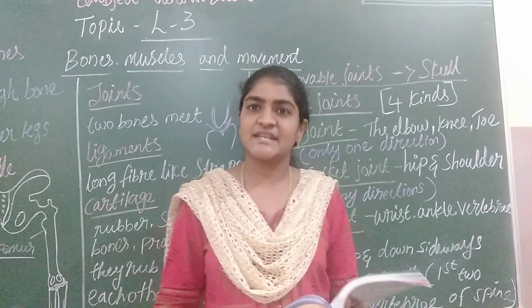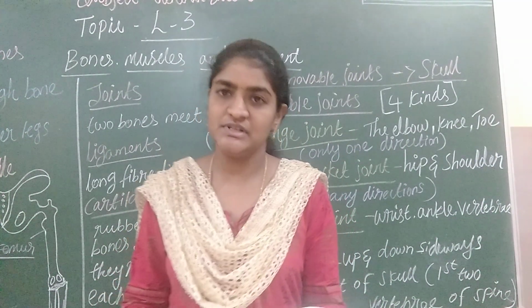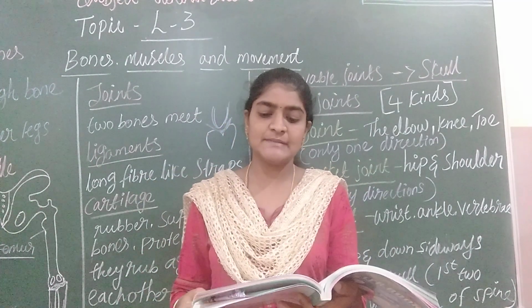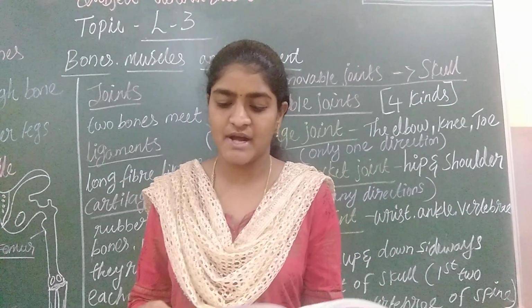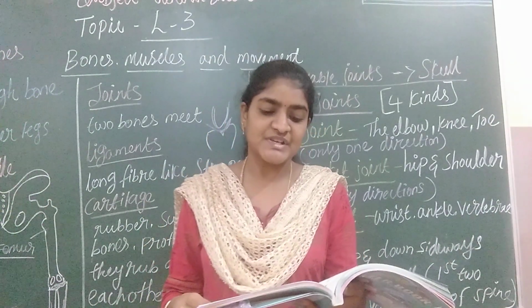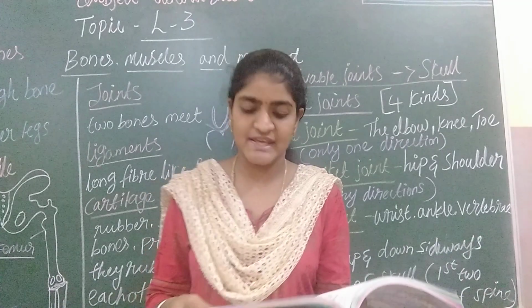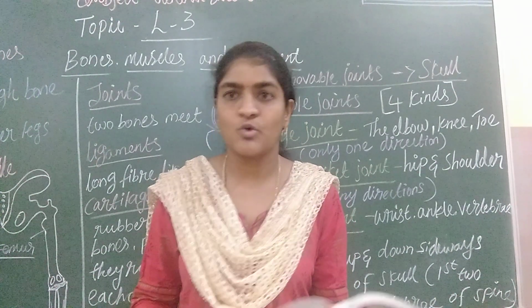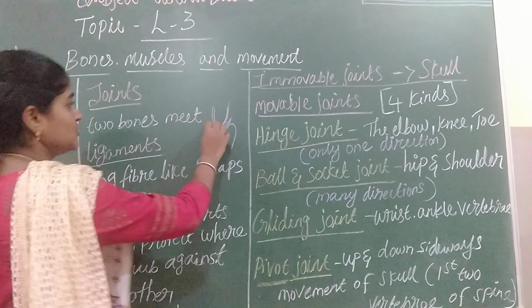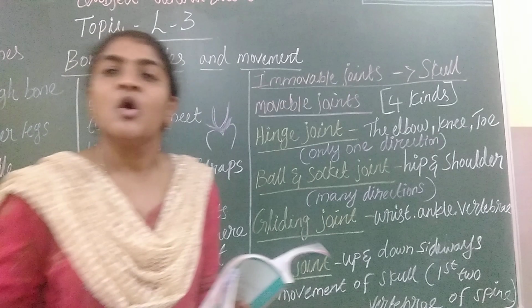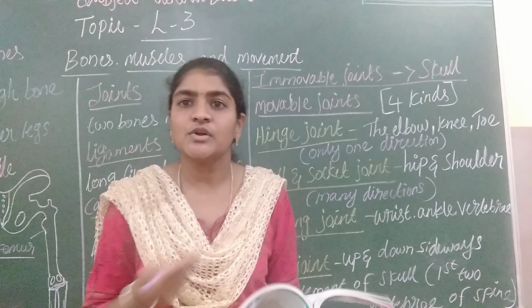Next, movable joints. Movable joints help us move different body parts. They are filled with lubricating fluid, which helps the joints move easily. There are four kinds of joints in our body. As I have explained, when two bones meet together, cartilage is present between them. Along with the cartilage, some fluid is also present.